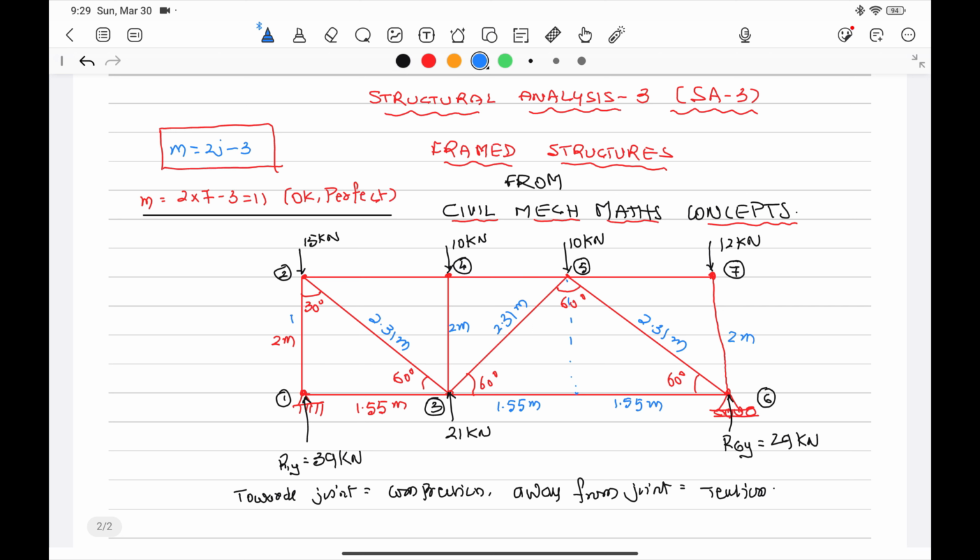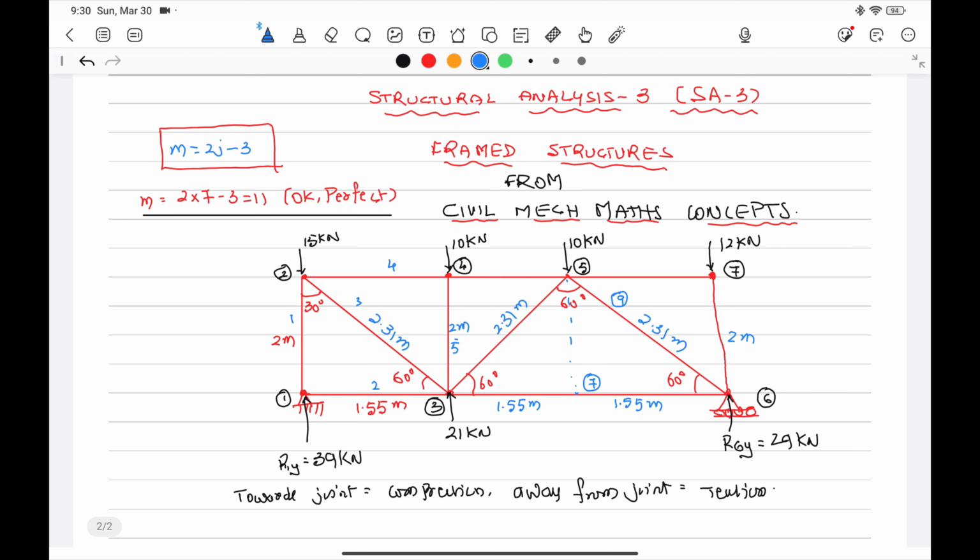What are the members? This is member number 1, member number 2, member number 3, because whatever we started with from the beginning, we have to repeat here. We can't change in between. It is member number 5, number 7, number 9.